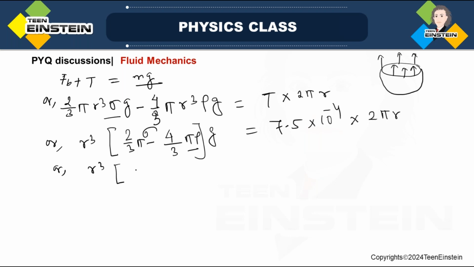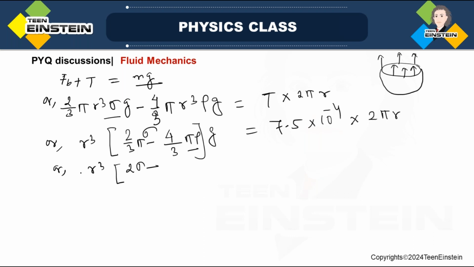Let me just do a little bit of simplification over here. So what we get here is this 4 by 3 by 2. So this is actually becoming 2 sigma.